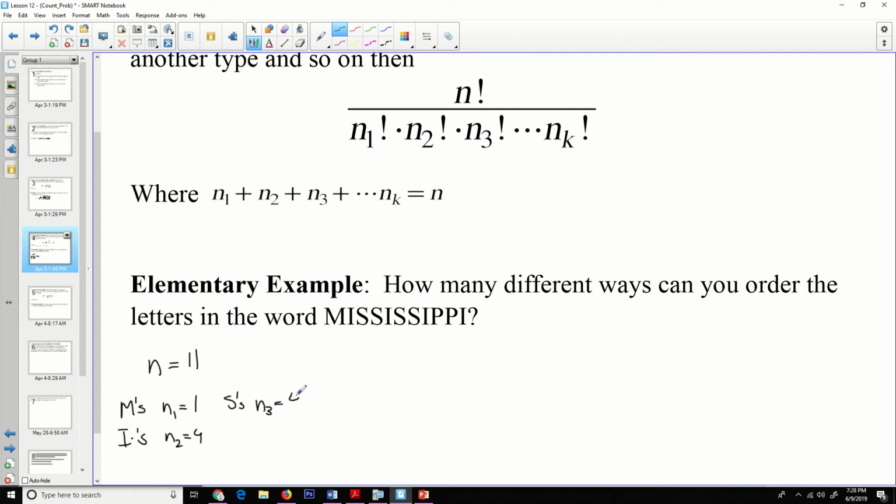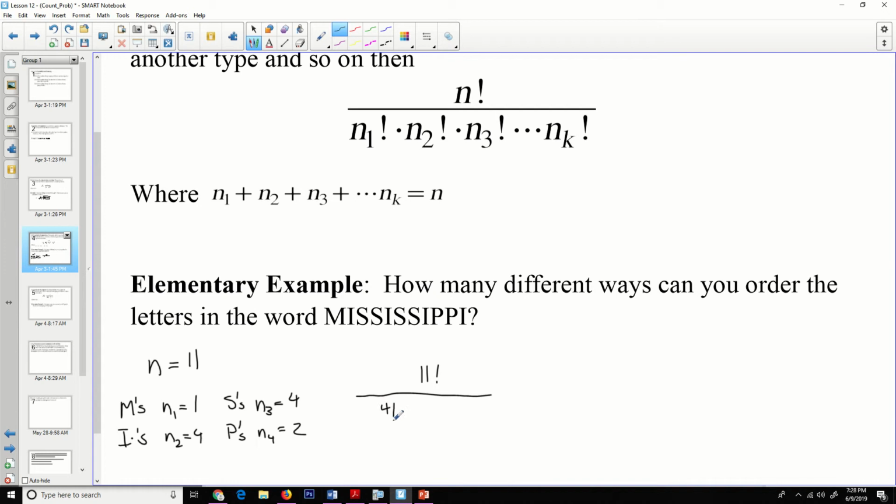There are 4 of those, and P's would be n sub 4, and there are 2 of those. And now we've counted up all of the values. 1 plus 4 plus 4 plus 2 is 11. And so the different orderings would be 11 factorial all over 1 factorial, but we're not going to write that.